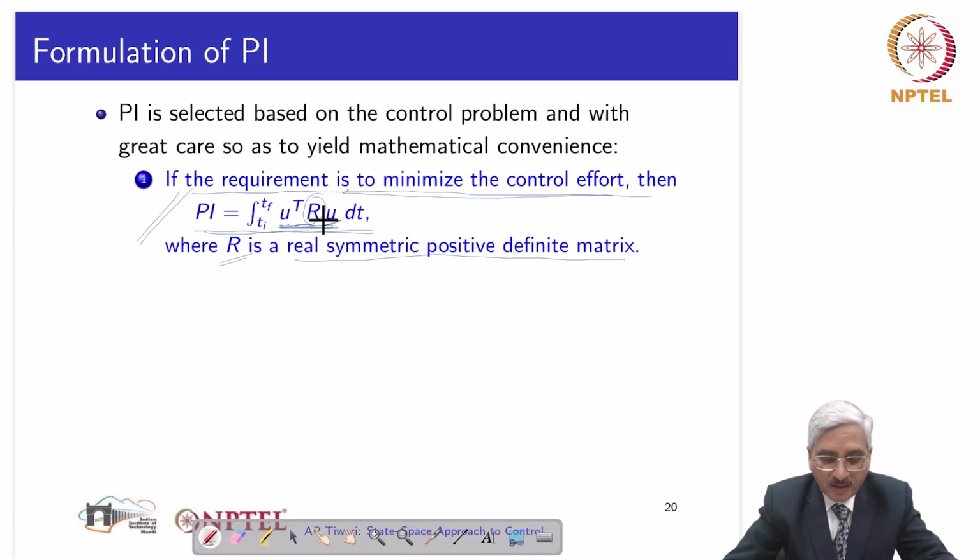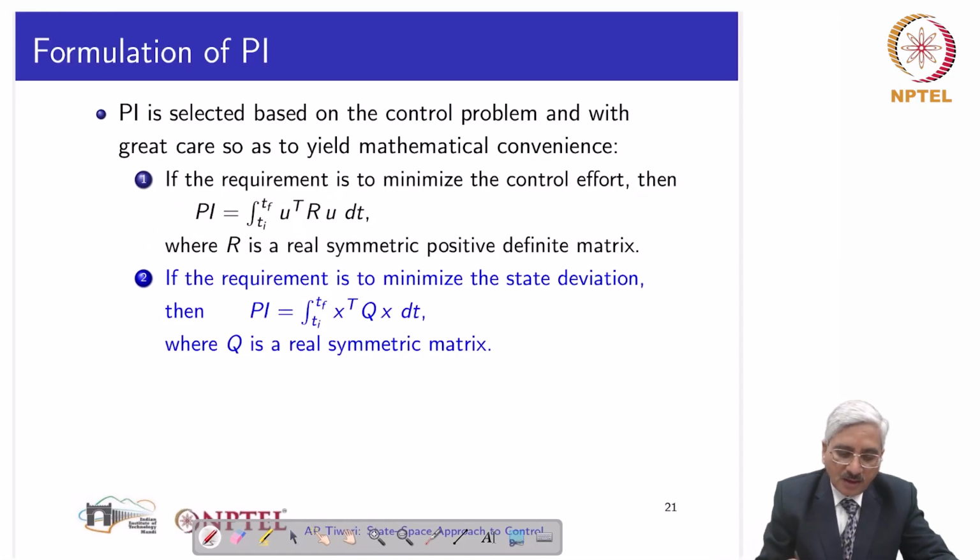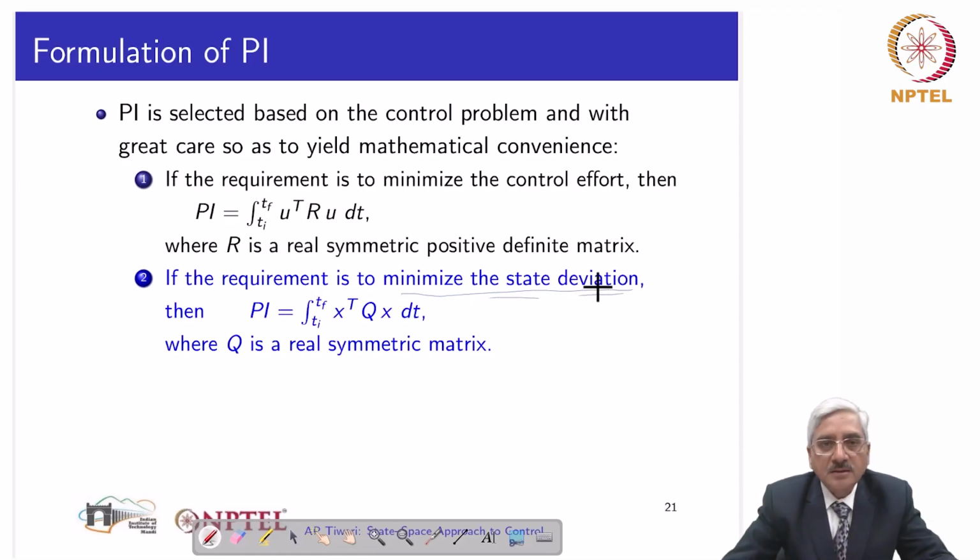And one may desire that, but then it will not be possible to achieve any control on the state variables or the outputs. So another criterion is to minimize the state deviation from the desired value of states x0. In case of the tracking problem or regulator problem, x0 can be 0, let us say.